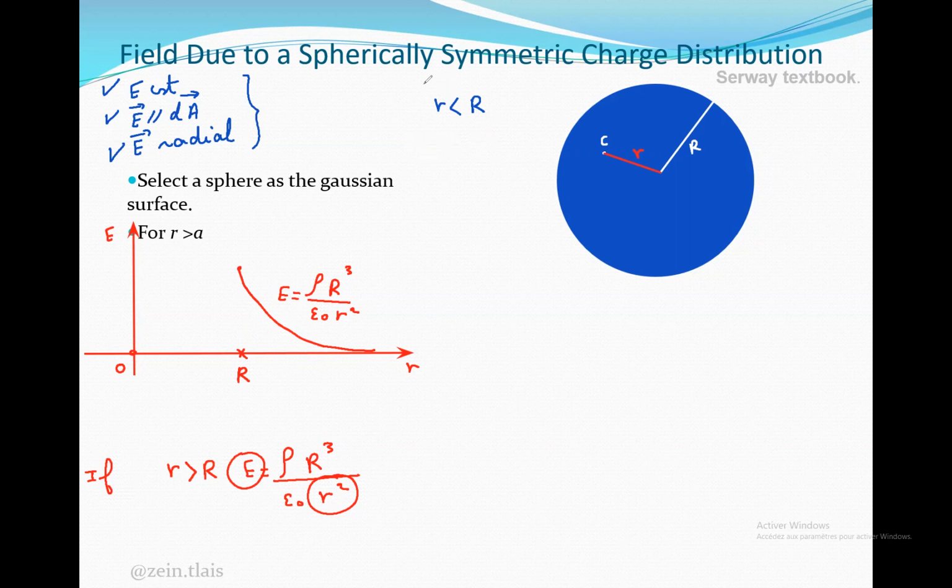We can just draw the sphere. The sphere must be like this. This one is the Gaussian surface.